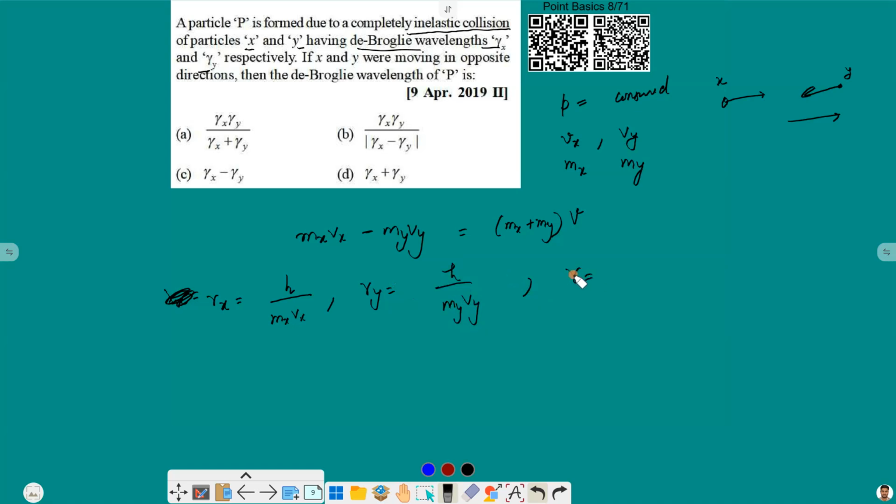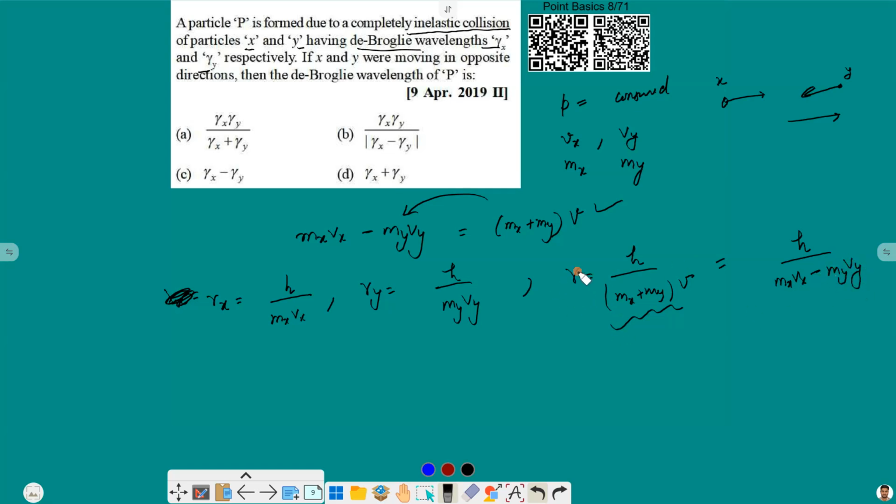And gamma, that is the final de Broglie wavelength after collision, will be h by the combined final momentum, mx plus my into v. This momentum value can be replaced by mx vx minus my vy.